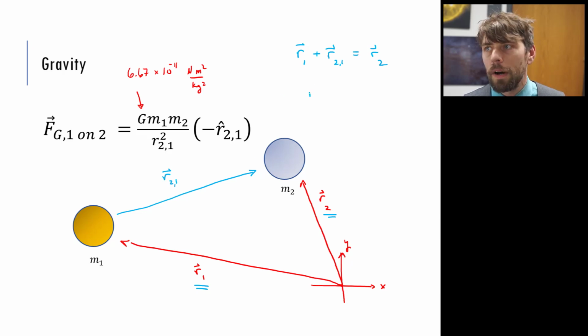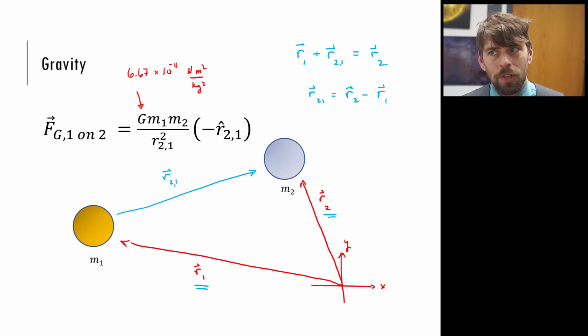And so by following our rules of algebra, the relative position vector between the two objects is simply the position vector of object 2 minus the position vector of object 1. Okay?